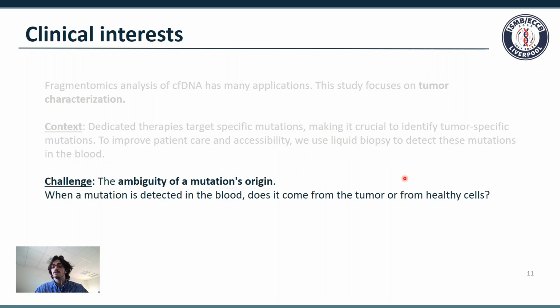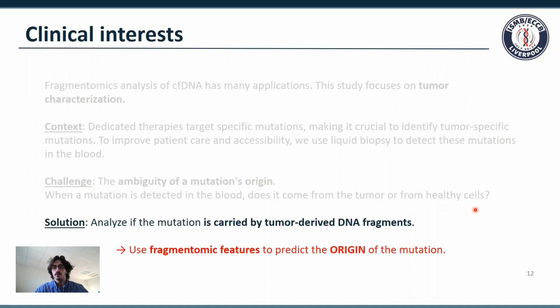However, this leads to a persistent challenge: the ambiguity of a mutation's origin. When a mutation is detected in a blood sample, does it originate from the tumor or could it come from healthy cells? The solution we propose is to determine if the detected mutation is carried on DNA fragments that have characteristics of tumor-derived cells.